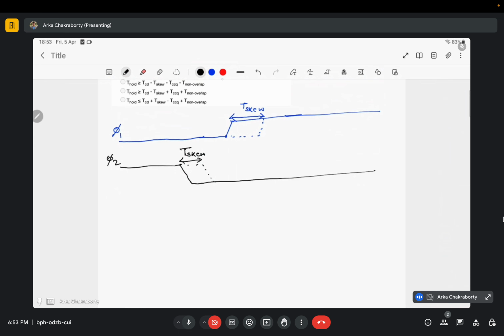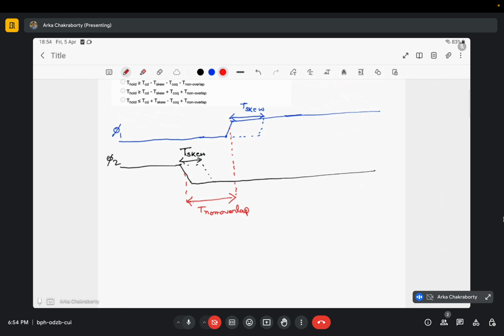So basically this distance is T non-overlap, which was meant. Okay, this T non-overlap was our circuit was initially designed for this amount of T non-overlap, and when T skew was not considered.